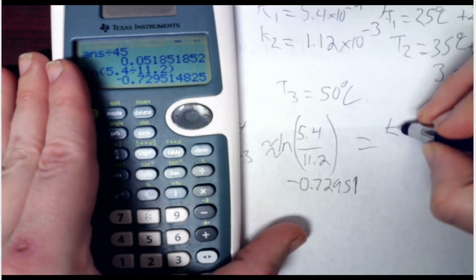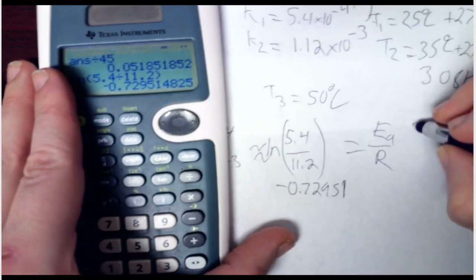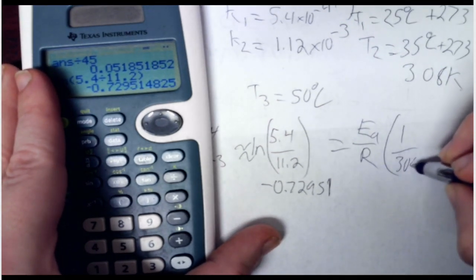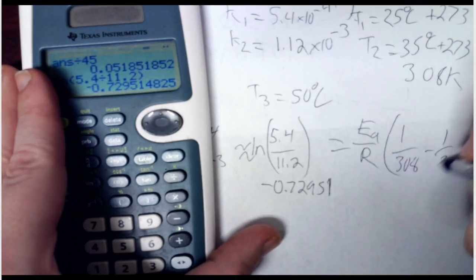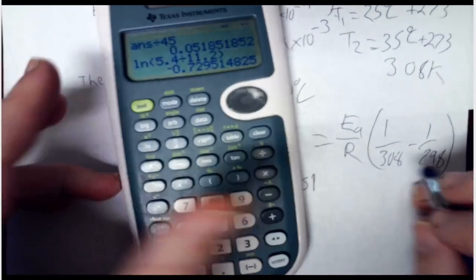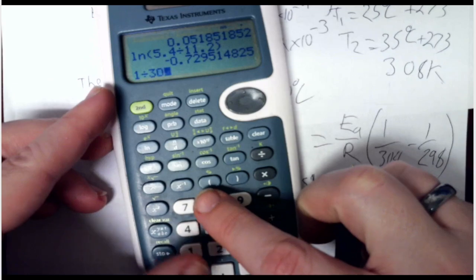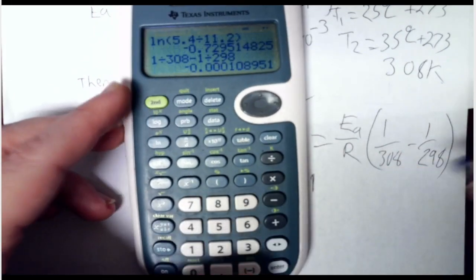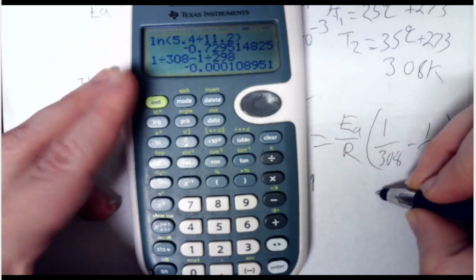That's equal to E sub A over R, times 1 over T2, so 1 over 308, minus 1 over 298. 1 over 308 minus 1 over 298 is a really small number.